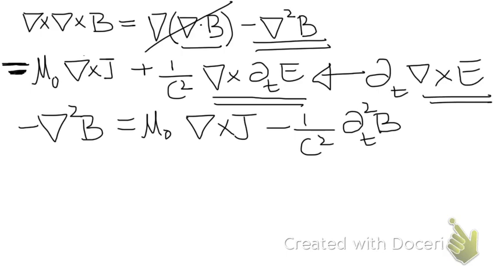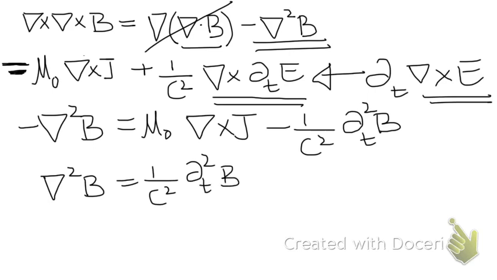Okay, so we're almost done now. So let's write this equation down like this: Laplacian of B minus 1 over c squared partial time derivative operated 2 times on B is equal to mu naught curl of J. And we are done over here.